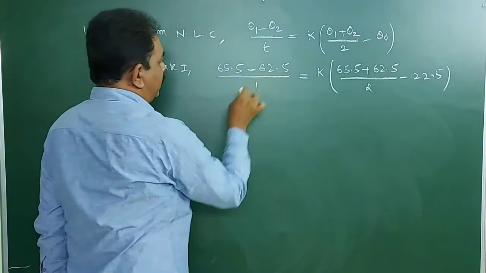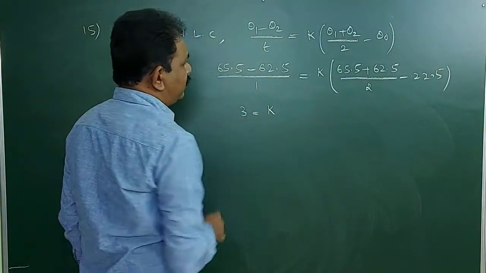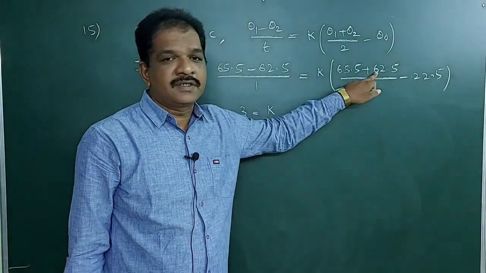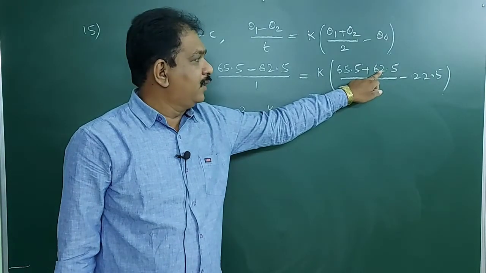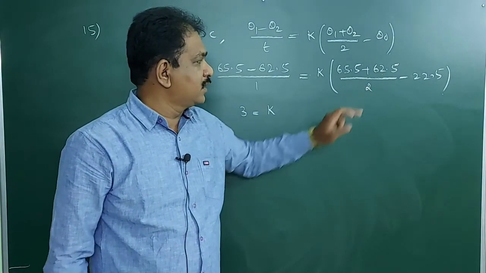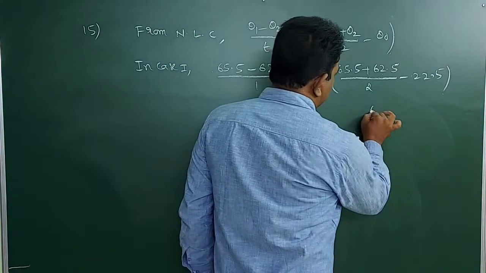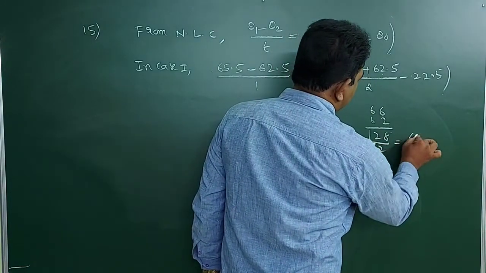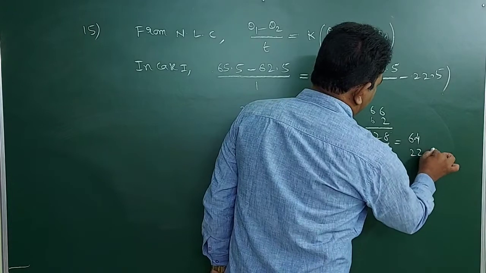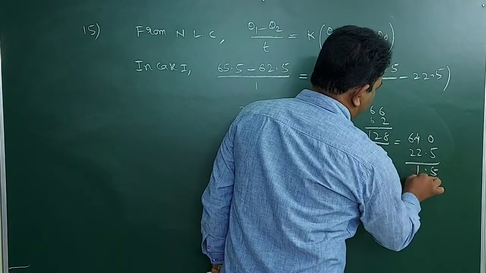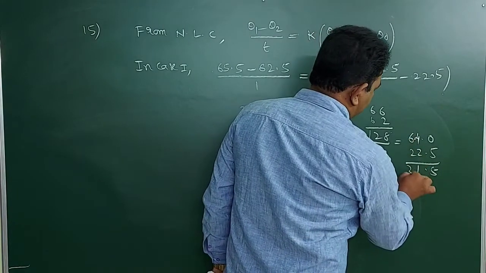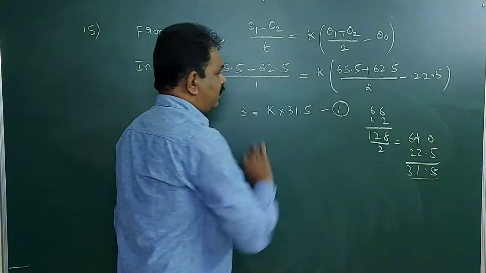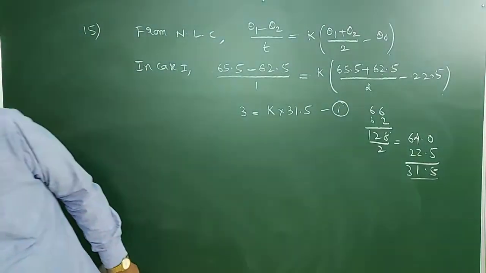This will be 3 equal to K into... if you add 66 and 62 it will be 128, 128 by 2 means 64, isn't it? 64 minus 22.5 is 31.5, so K into 31.5. Let it be equation 1.